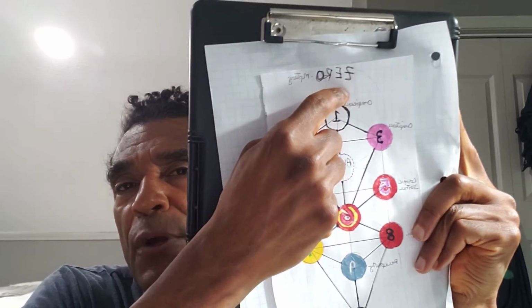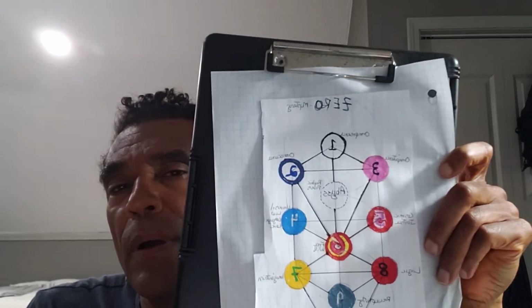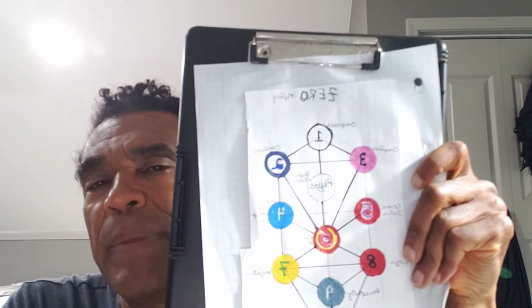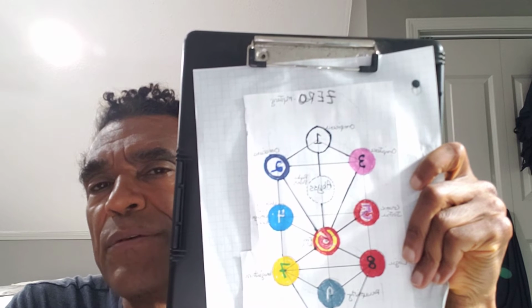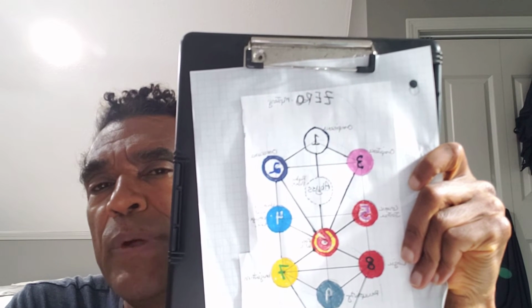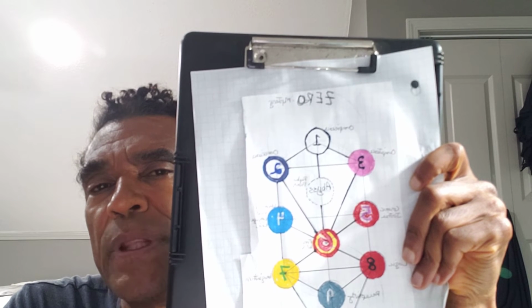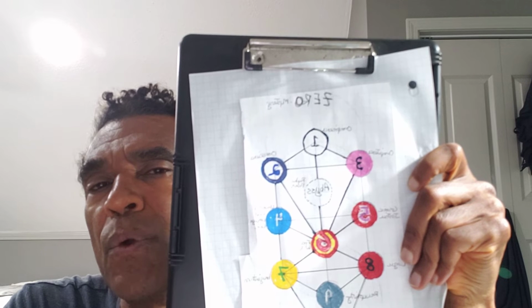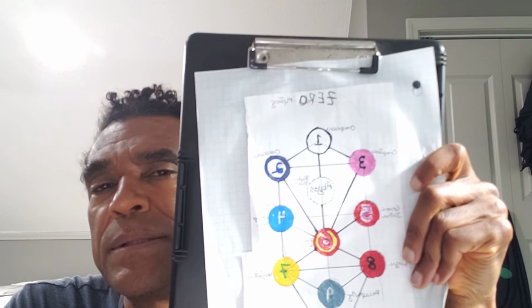And then the zero sphere above the tree has to do with our mystery. We don't know anything about it because it's the part of the creator that the creator reserves for itself. And so we don't have direct access to the zero. It really precedes the universe, and it's like the rules of the game, how the whole thing operates.